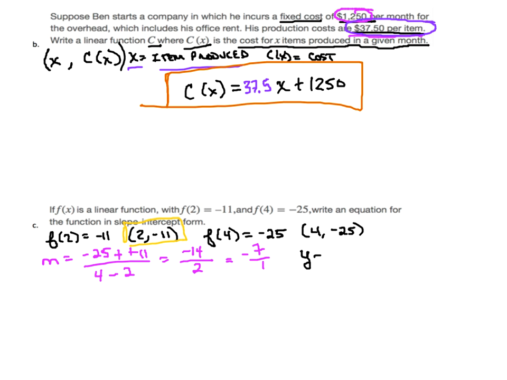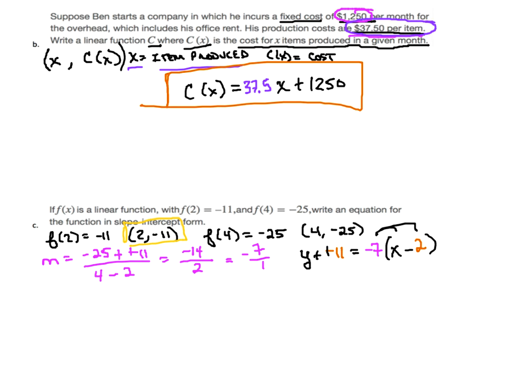So y minus negative 11 equals m, which is negative 7, times x minus x1, which is 2.